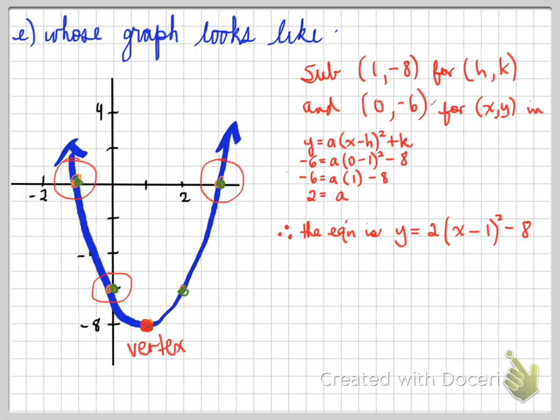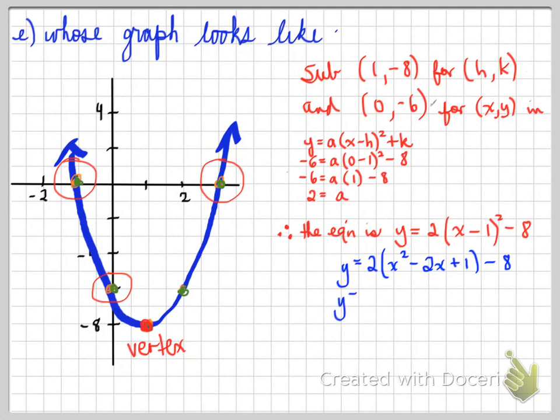Now remember we had the expanded form. Let's see if we expand this, do we get the exact same answer? So let's expand it, I'll do it in blue. y is equal to 2 bracket, and we expand (x minus 1) all squared to be x squared minus 2x plus 1, and then minus 8.